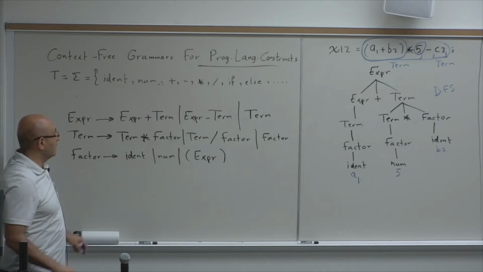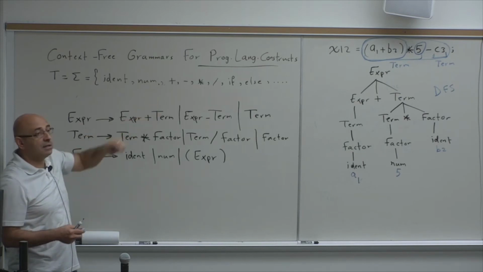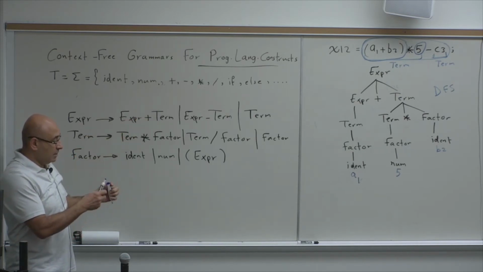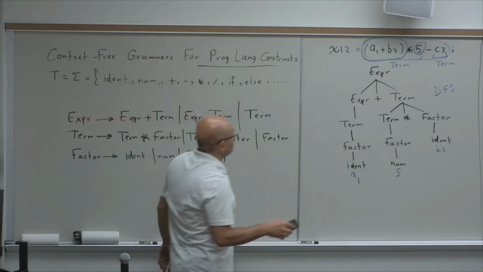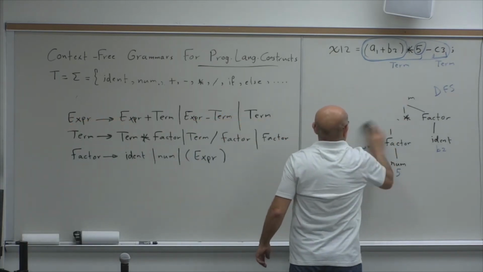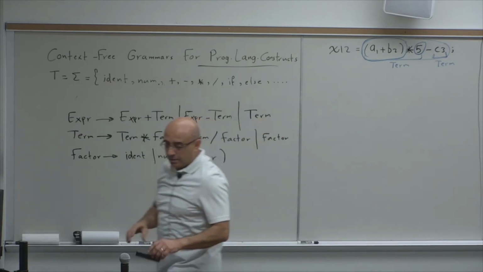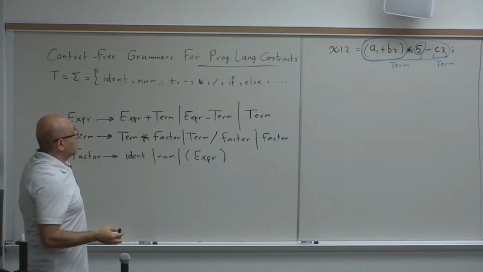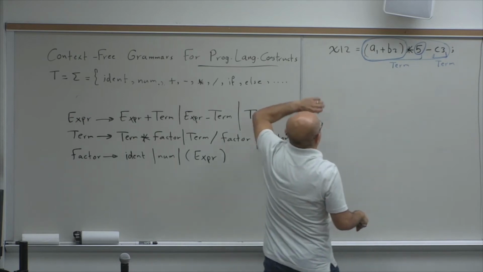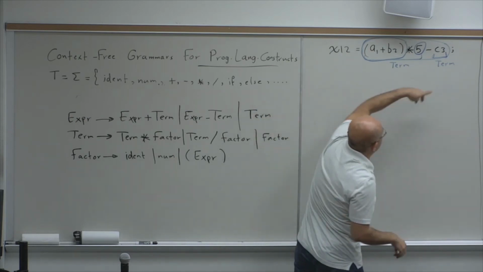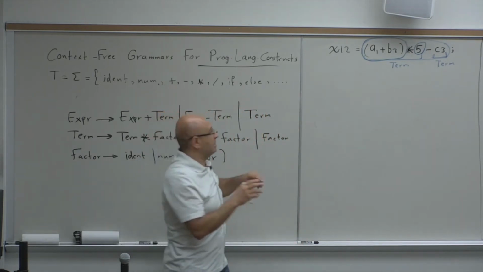Okay? So now, to make sure that we understand how this works, let's write the derivation for this. So the derivation for the string only, not for the assignment. We know that this is identifier equals, and this is the end of statement, but we are doing the derivation for only the expression.